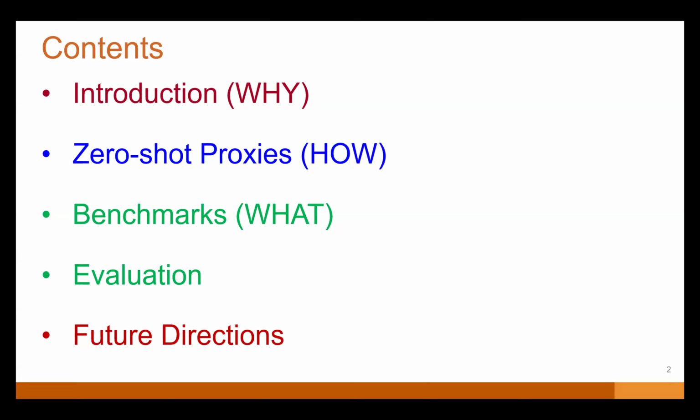Then I'm going to get into the how. In other words, what approaches or what methods can be used and what do they mean, particularly for zero-shot NAS. So this is the proxy part. Third, I'm going to answer the what question. In other words, what can we get? What kind of results can we obtain?